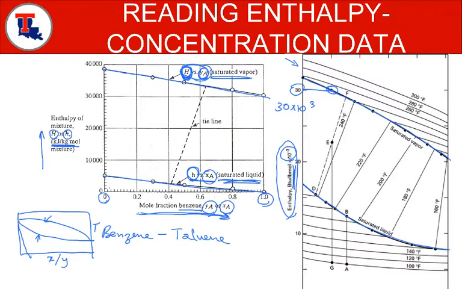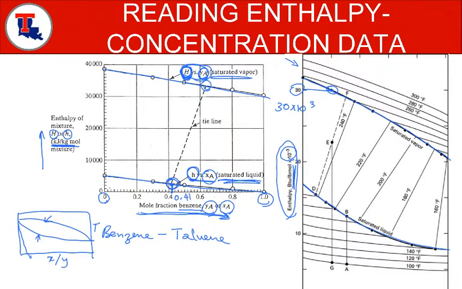Let's say you have a system at equilibrium, and you have X as the composition of benzene in the liquid. What is the corresponding equilibrium composition in the vapor phase? How do we denote those? We use tie lines. So in this case, 0.41, remember we are always reading liquid.